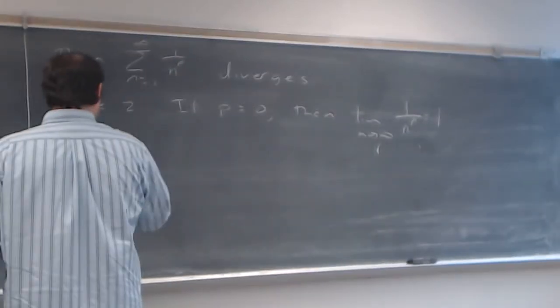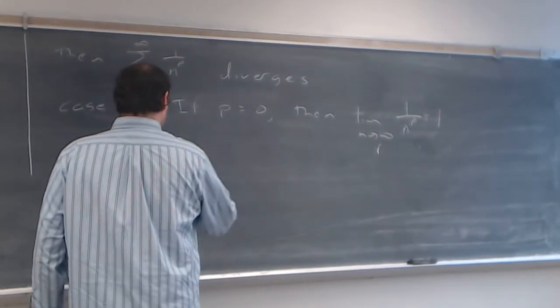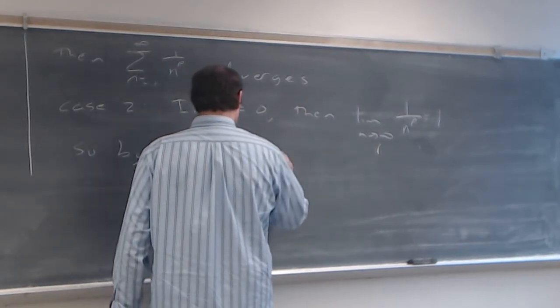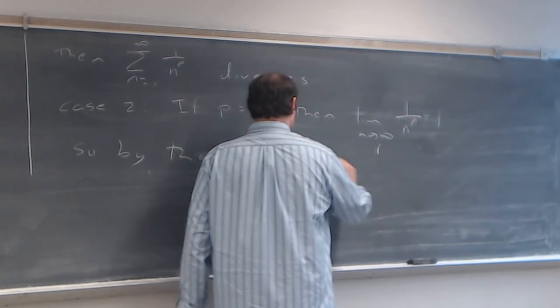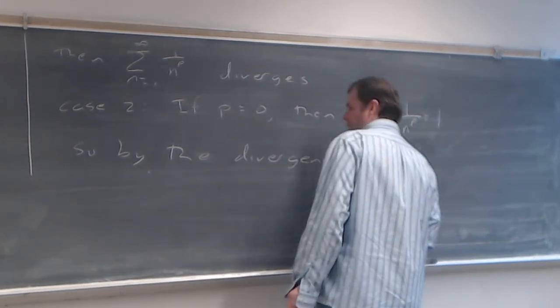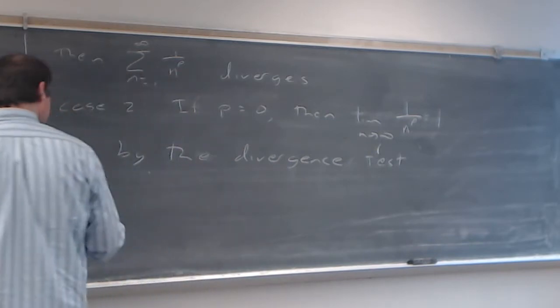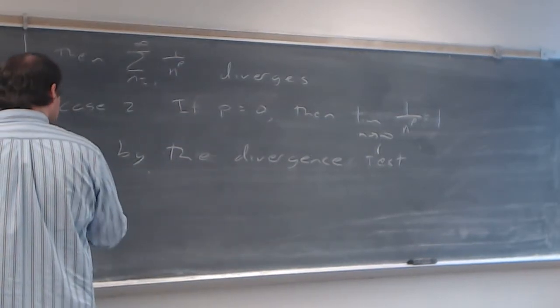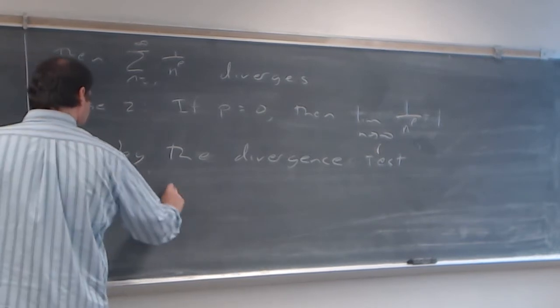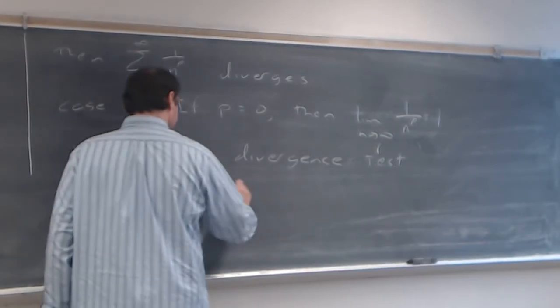And so by the divergence theorem, the series as n runs from 1 to infinity of 1 over n to the p diverges.